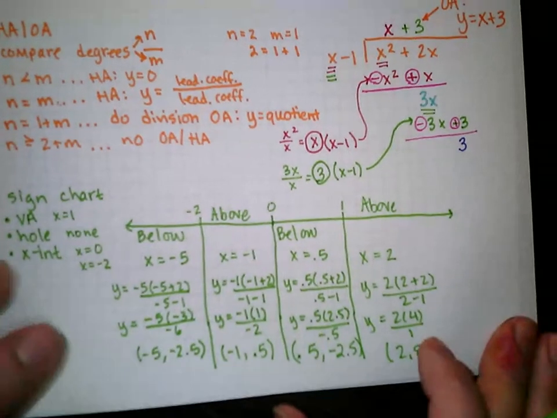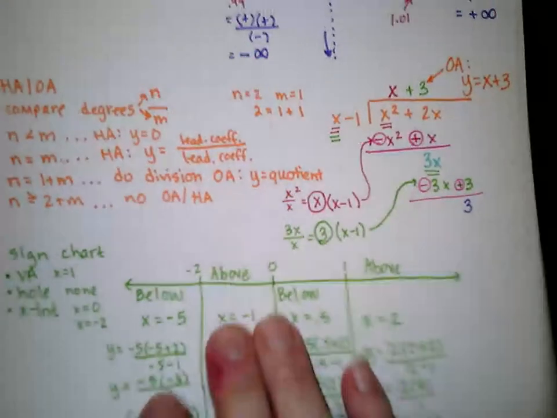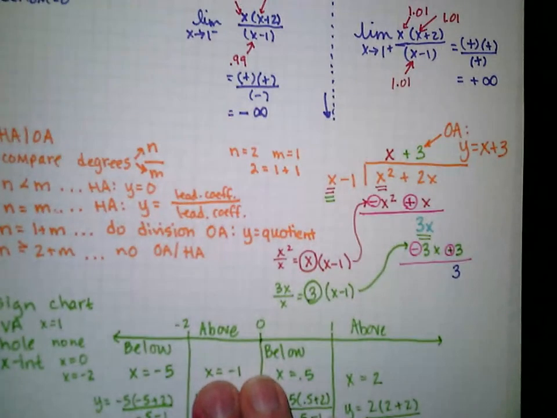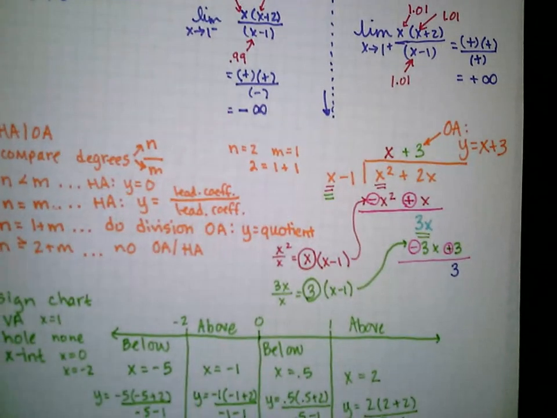Okay. Then the next thing we're going to do is put all of our information on the graph, and we're also going to check to see if our function crosses the oblique asymptote at any point.